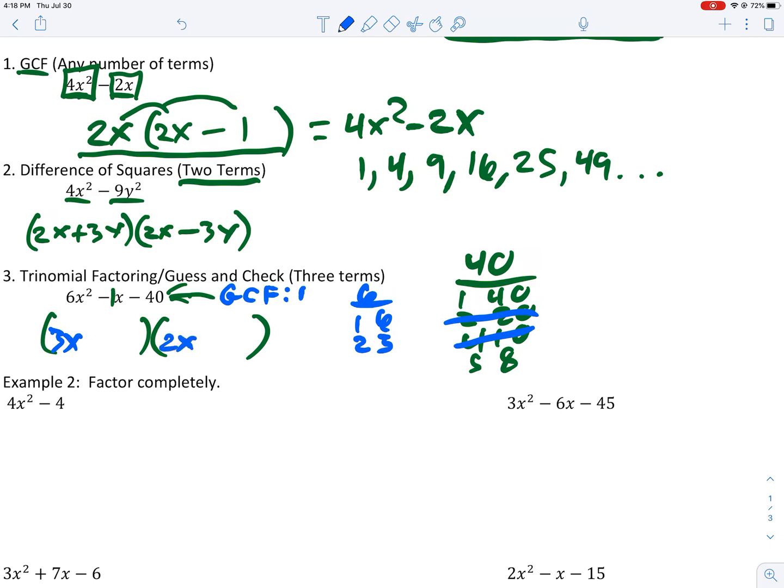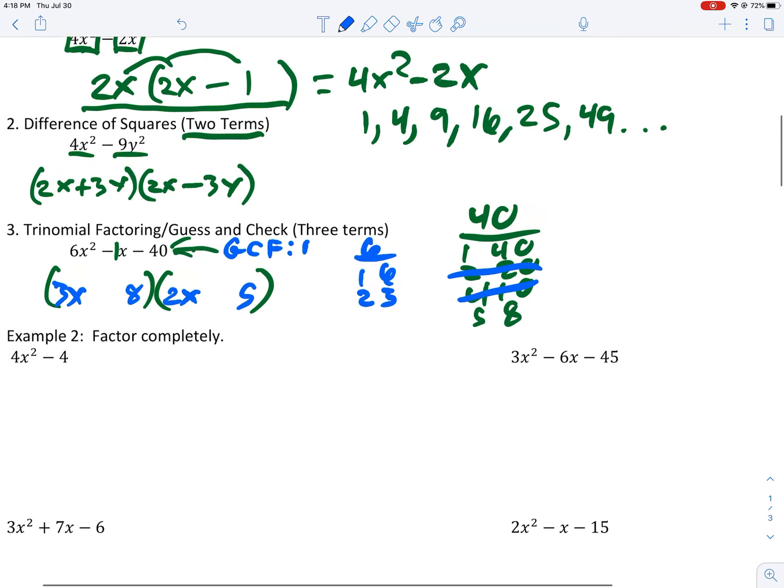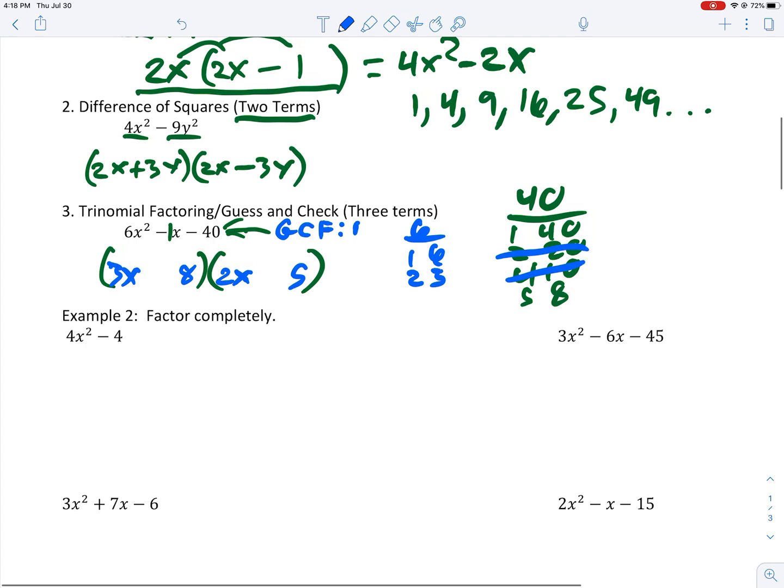Okay, so I'm going to start with 3x and 2x. And let's try the 5 and the 8 and see if that'll work. So we'll do some mental math, a little FOIL. That would give us 16. That would give us 15. Can you make 16 and 15 work? Yeah, you can make that equal to 1.